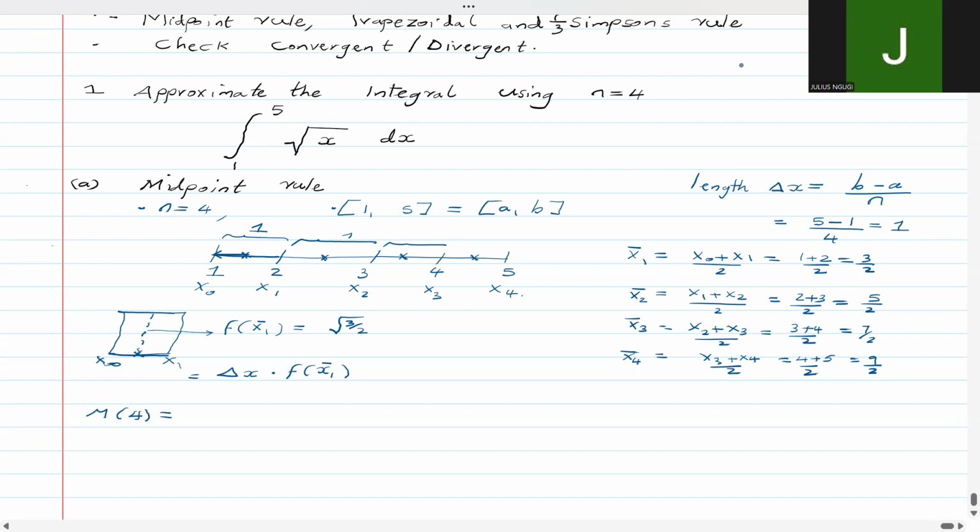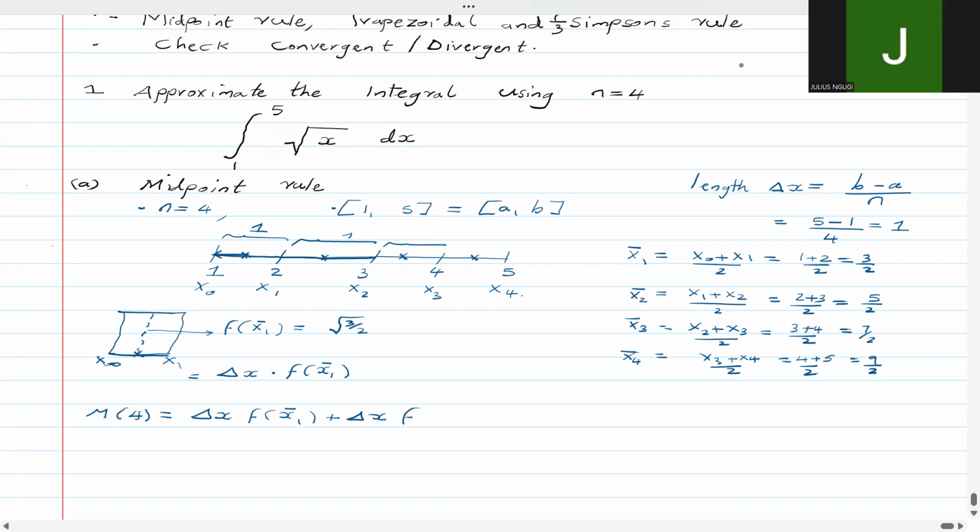It's just length times width, or base times height. The base is uniform: f at x1 for the first rectangle, plus the second rectangle, where the spacing is the same, so uniform length, and then the height.